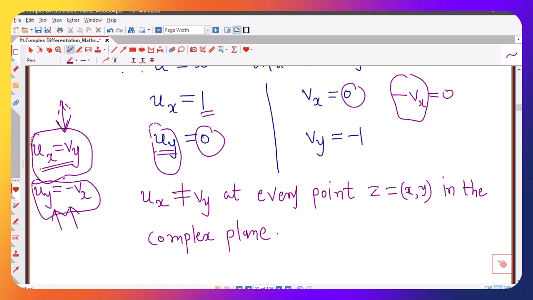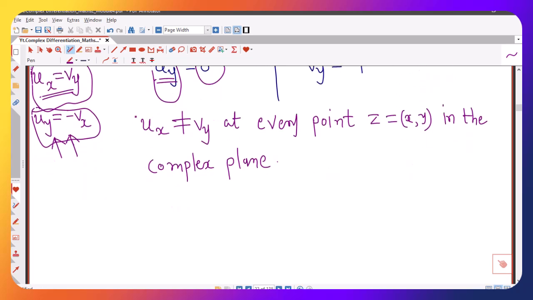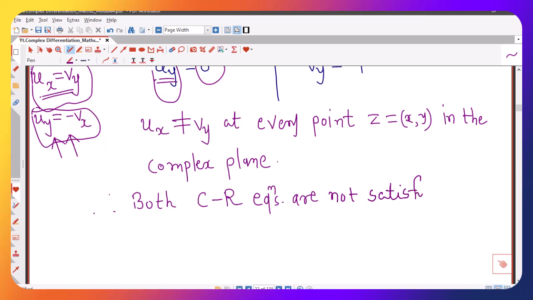Therefore we can say that there is no common point at which Cauchy-Riemann equations are satisfied. Therefore we can say that both Cauchy-Riemann equations, or we can shortly write CR equations, are not satisfied at any point in the complex plane.